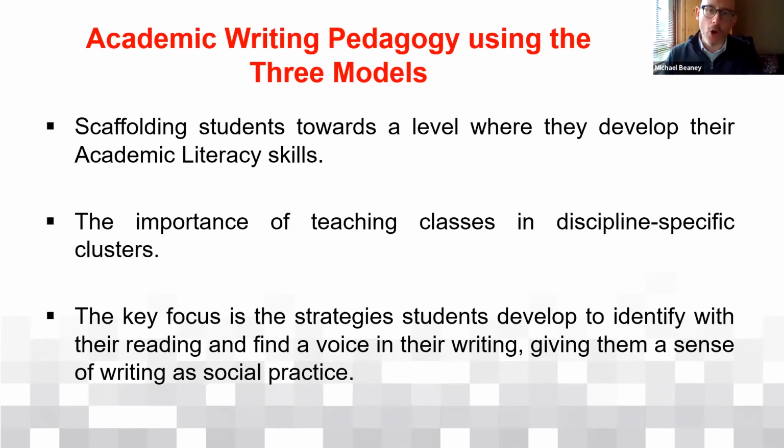I think this approach only really works if we have students from similar disciplines within the same classroom. If the disciplines are too broad, the knowledges become too diffuse, and the learning outcomes can break down a little bit. So it really emphasizes the importance of discipline specific writing.